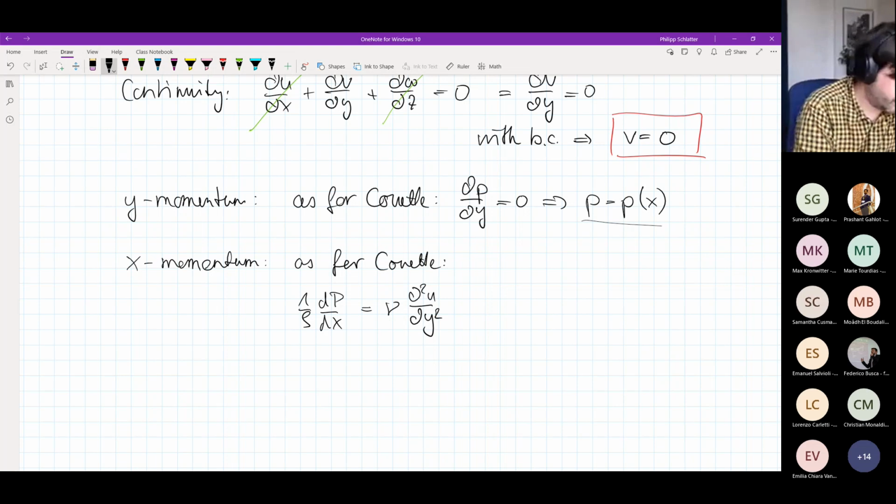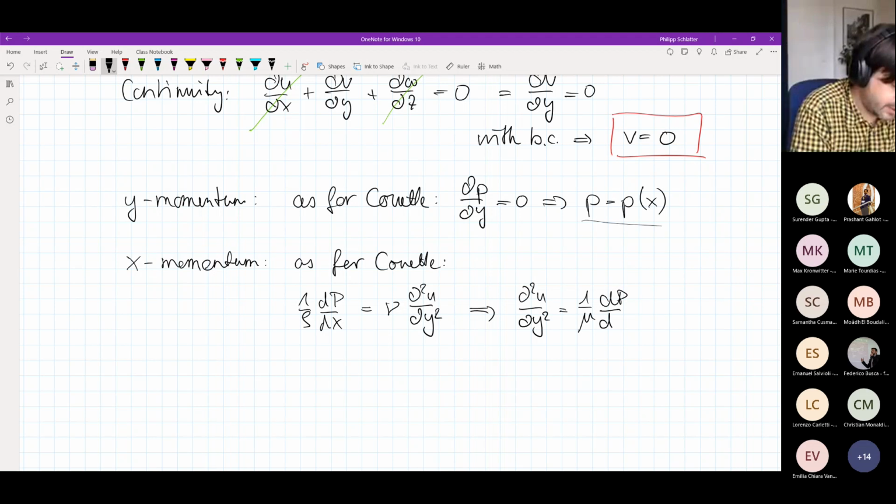Okay, well, this means that I can just isolate the velocity on one side. So we have d squared u dy squared is simply 1 divided by mu dp dx. So now I would need to integrate this equation.